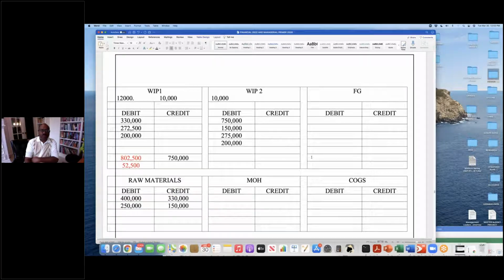Okay, so we've got $1.2 million going to finished goods. What was our total cost in work in process? We add all 4 of these up, how much?